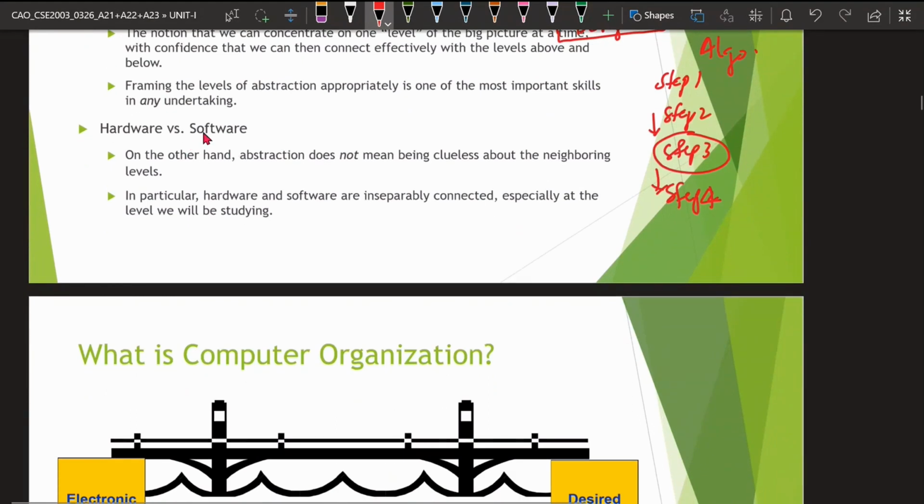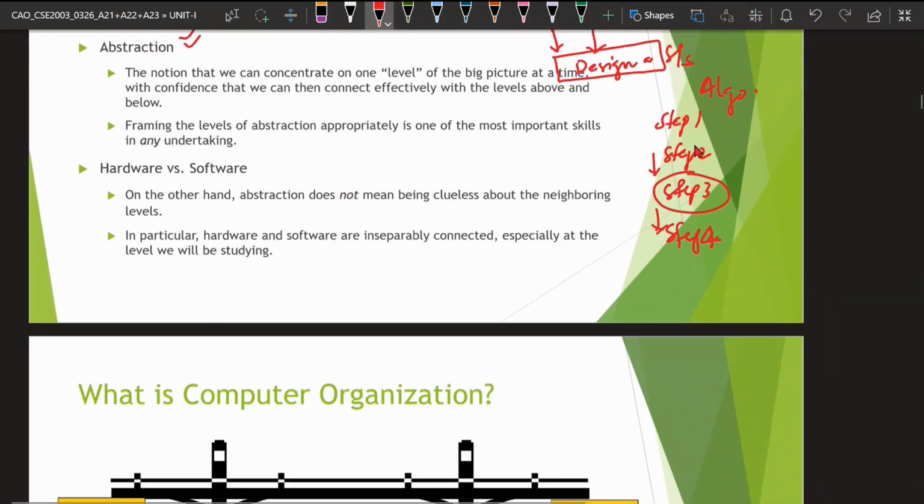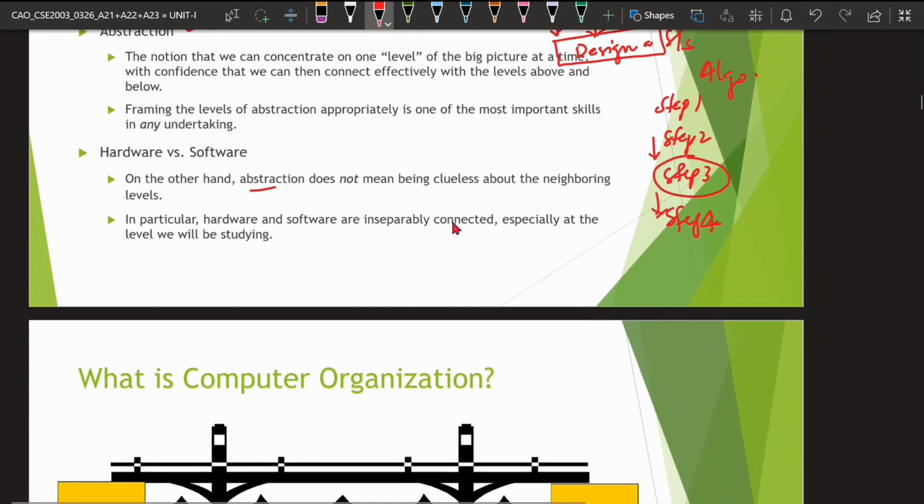Hardware and software: abstraction does not mean being clueless about the neighboring levels. It will not be that after step 2, step 3 is unrelated to either 2 or 4. This should not be there in terms of abstraction. In particular, hardware and software are inseparably connected, especially at the level we will be studying.